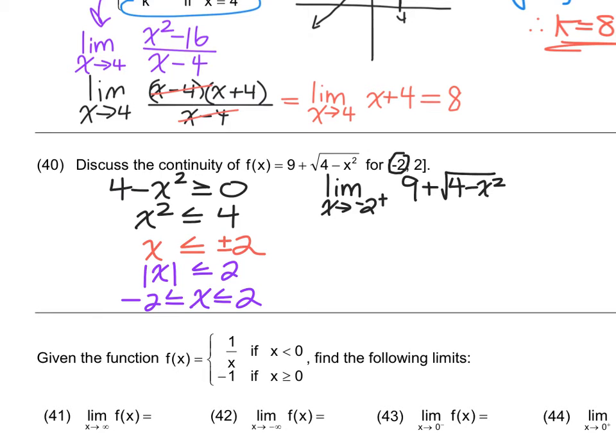I can't approach it from the left-hand side because there's nothing to the left of that -2. I can only approach it from the right-hand side. The right-hand bound, there's nothing to the right of 2, so I can only approach it from the left. These two things need to exist in order for us to have continuity over that interval of -2 to 2.